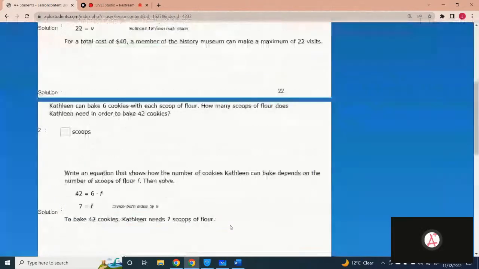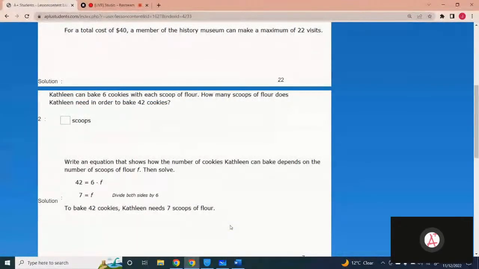Okay, the next one is Kathleen can bake 6 cookies with each scoop of flour. How many scoops of flour does Kathleen need in order to bake 42 cookies? Got it?